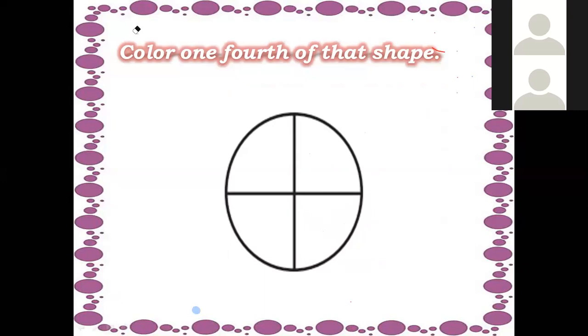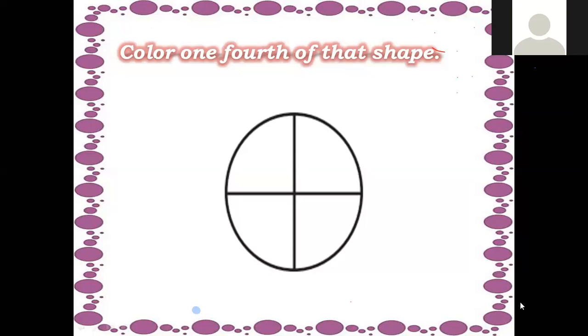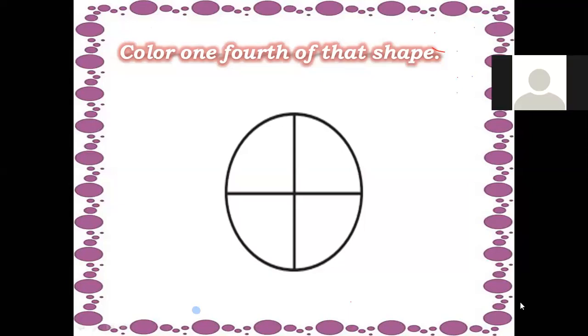Omar, don't color yet. If I ask you, Omar, to color 1/4 of that shape, it means you will color how many parts? 1. Good job. You will color only one part.